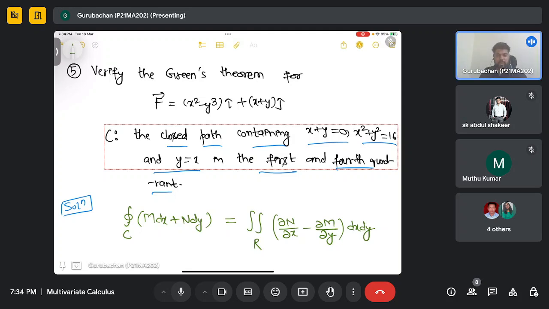So is anyone able to verify this theorem? We'll verify this one.